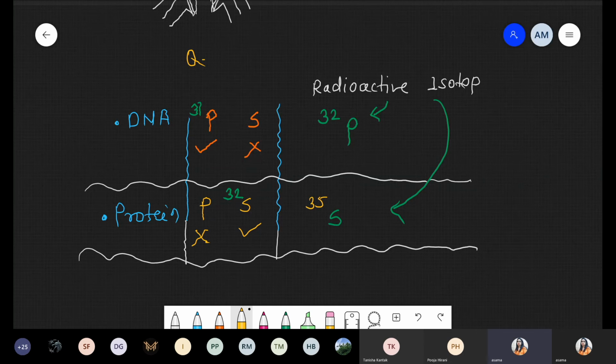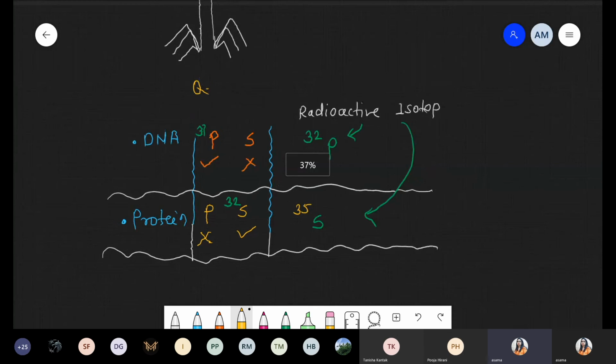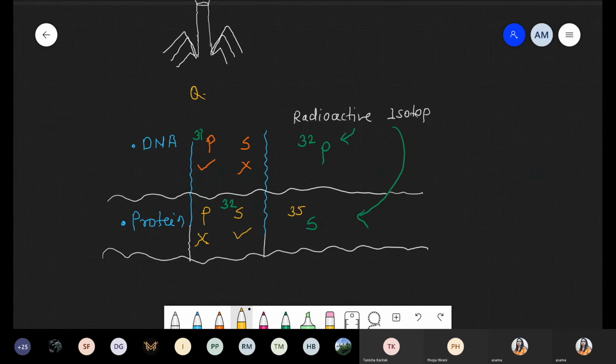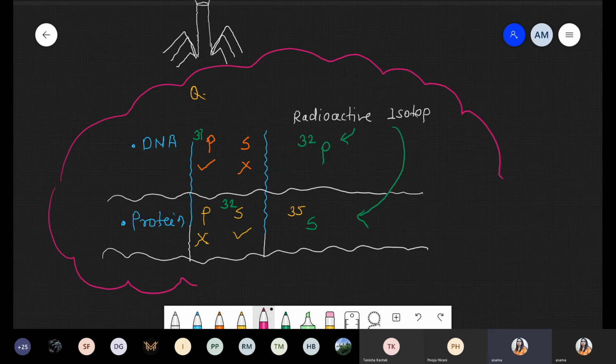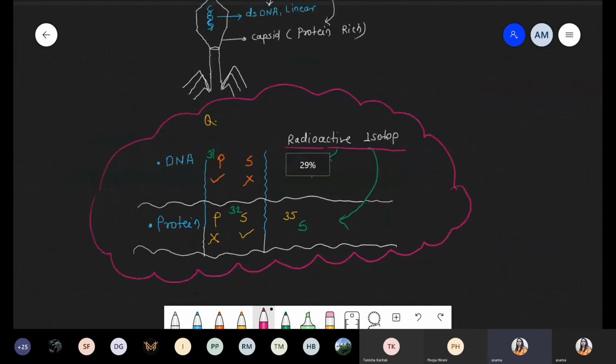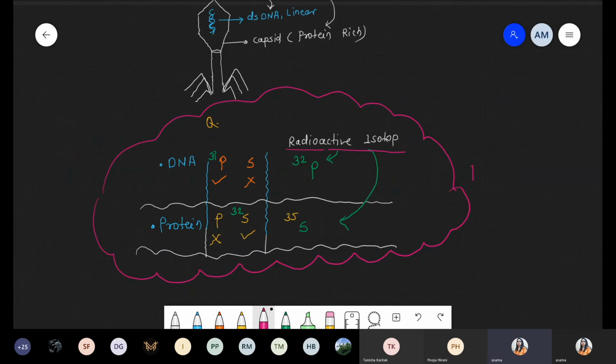So one question from this part, remember this point: DNA will never have sulfur, and that protein never contains phosphate. Normally in the Hershey and Chase experiment, they use P32 to label DNA and S35 to label protein. Got it? So this part is important for your NEET examination.